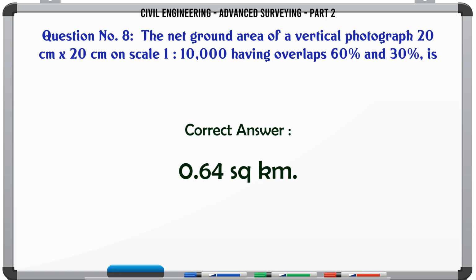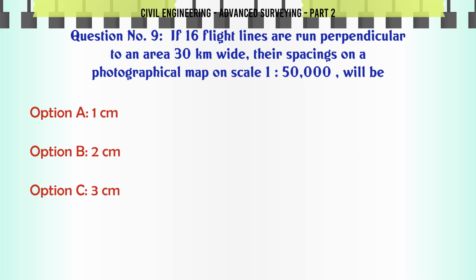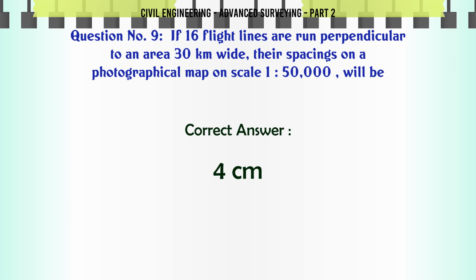The correct answer is 0.64 sq km. If 16 flight lines are run perpendicular to an area 30 km wide, their spacings on a photographic map on scale 1:150,000 will be: A. 1 cm, B. 2 cm, C. 3 cm, D. 4 cm. The correct answer is 4 cm.